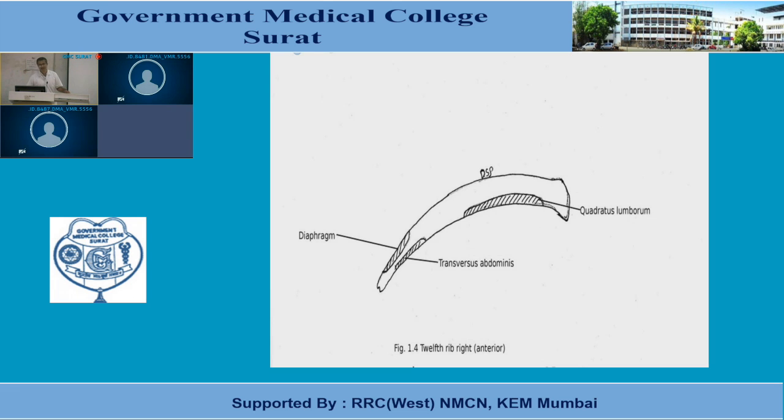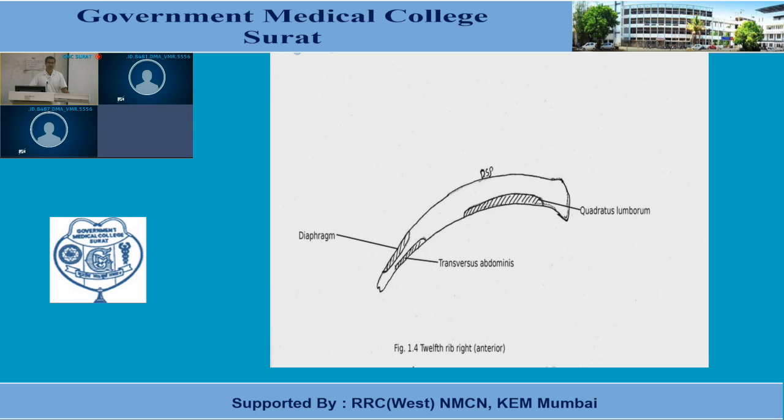Now the 12th rib has two surfaces, anterior and posterior, and upper and lower margins. No costal groove in the 12th rib. Here the anterior surface is visible. There is no neck, no tubercle. In the 10th, 11th and 12th, there is a single large head, which articulates with the same vertebra.